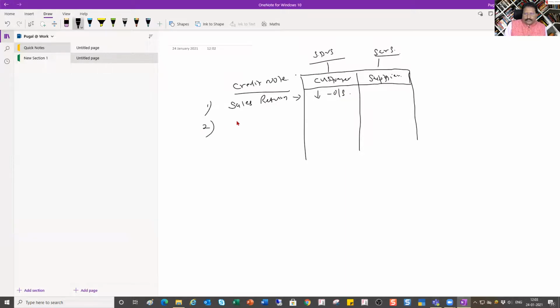Number two, a credit note is passed on the supplier side. First, let me complete the use cases on the customer side. So this is one area. What are the other kinds of use cases where you will normally use a credit note?